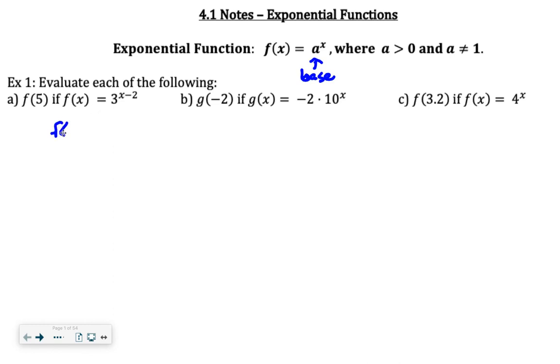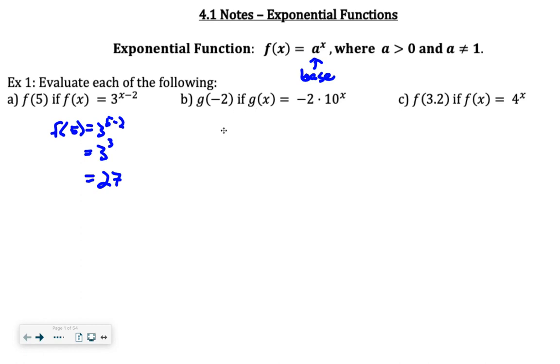So f of 5 would be 3 to the 5 minus 2 power, which would be 3 to the third power.